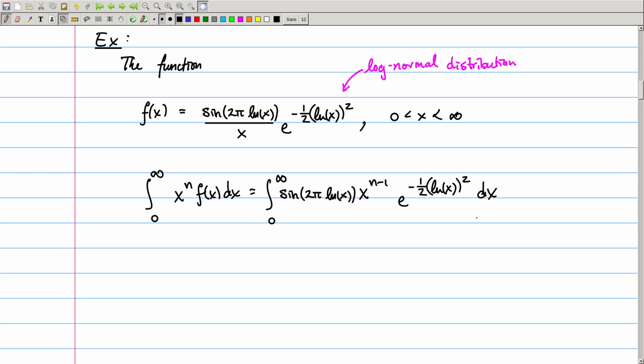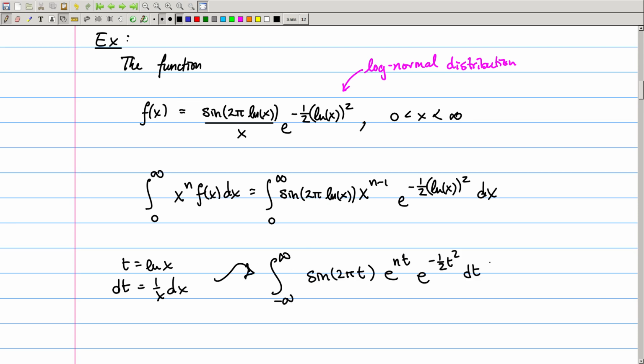This integral looks a little bit daunting, but if we do a simple change of variables, taking t to be the natural log of x, so that dt is equal to 1 over x dx, this integral then becomes an integral from minus infinity to infinity of sin(2π t) times e^(nt) times e^(-1/2 t^2) dt.